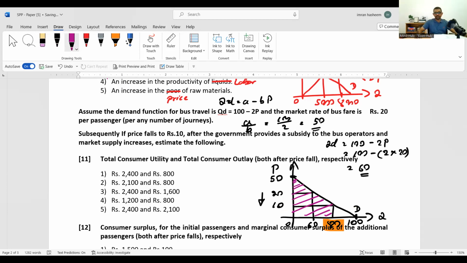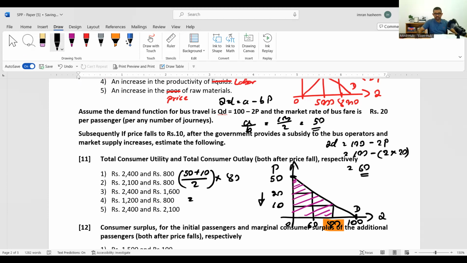How do you estimate the value? The two vertical sides are 0 to 50, so 50 plus the next distance, which is 0 to 10. So 50 plus 10, halve it, multiplied by the perpendicular horizontal distance, 0 to 80, multiplied by 80.